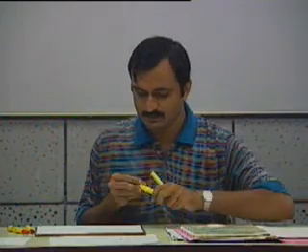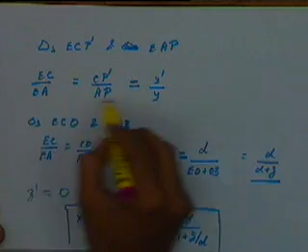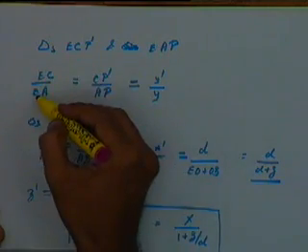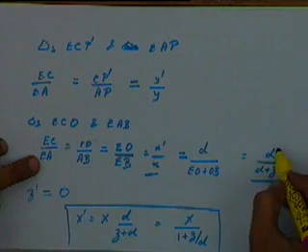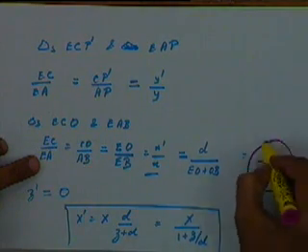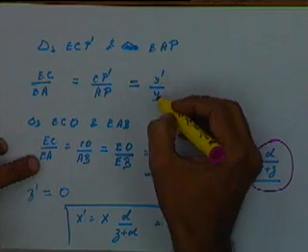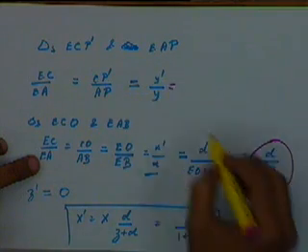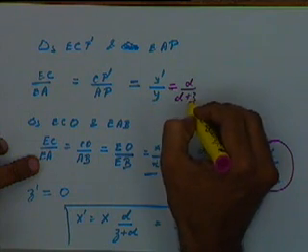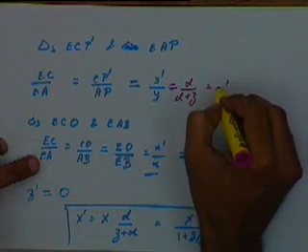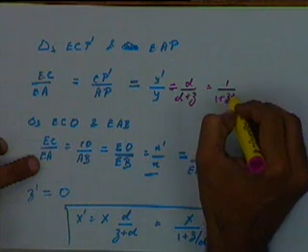Similarly, if I take this equation, EC by EA, is equal to this figure. So y prime by y is also equal to d divided by d plus z, or is equal to 1 over 1 plus z by d.